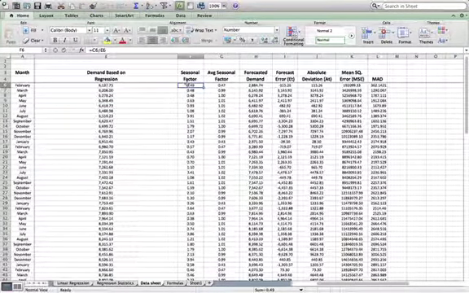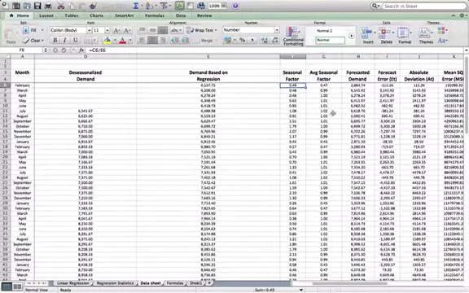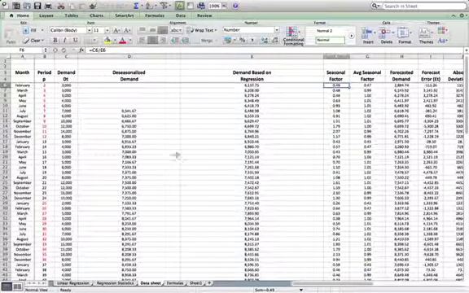Then I did the seasonal factor, which was just taking C6 divided by E6, which is the given demand divided by the demand based on regression.